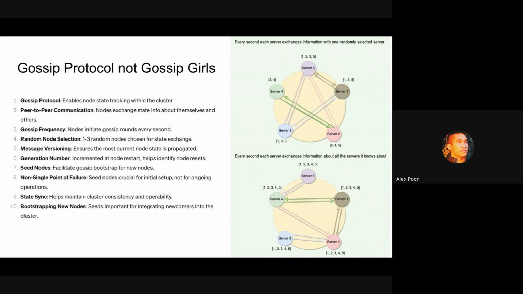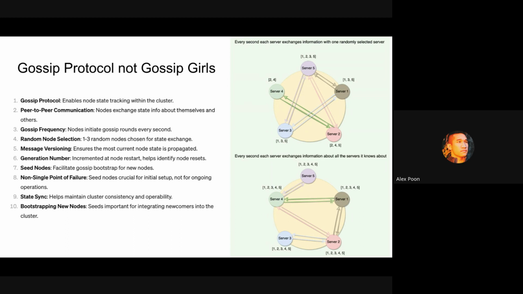Gossip protocol is a peer-to-peer communication mechanism in which nodes periodically exchange state information about themselves and other nodes they know about. Each node initiates a gossip round every second to exchange state information about themselves and other nodes with 1 to 3 other random nodes.